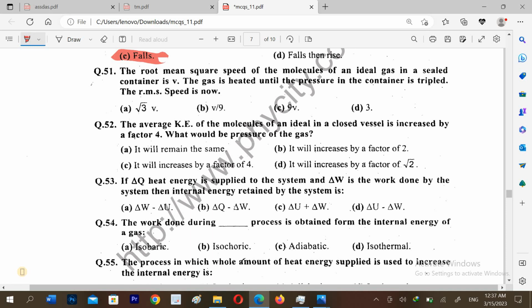The RMS speed is now... A. The average KE of the molecules of an ideal gas in a closed vessel is increased by a factor of 4. What would be pressure of the gas? C.